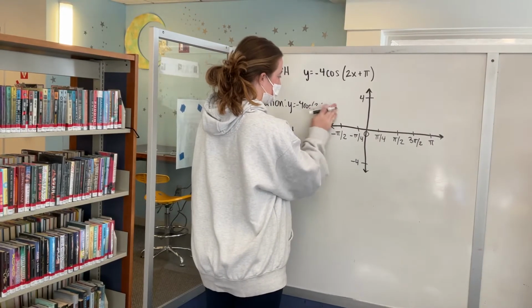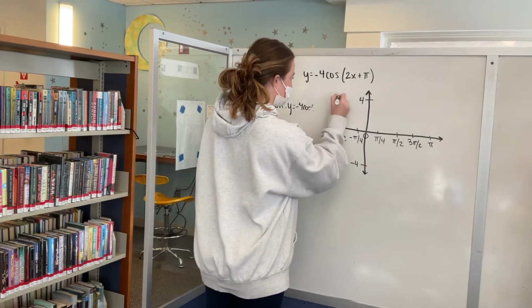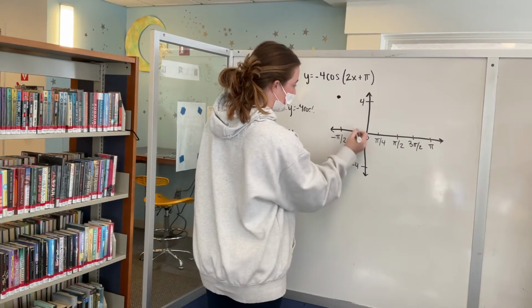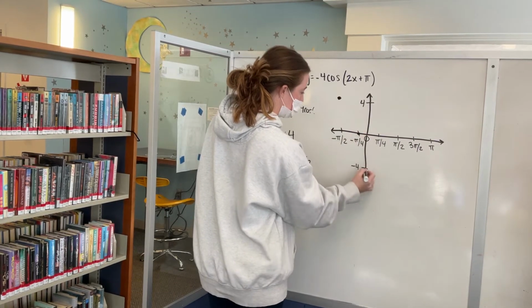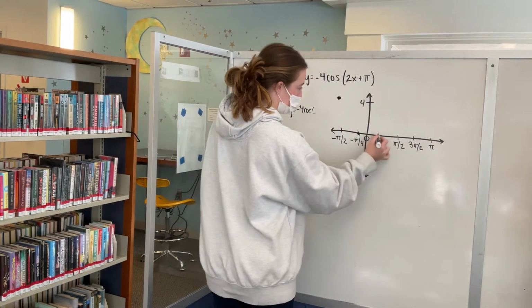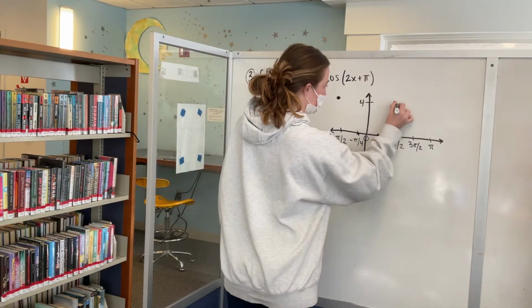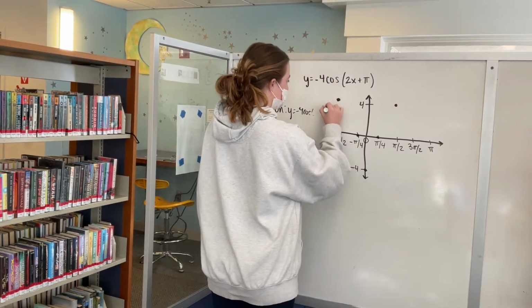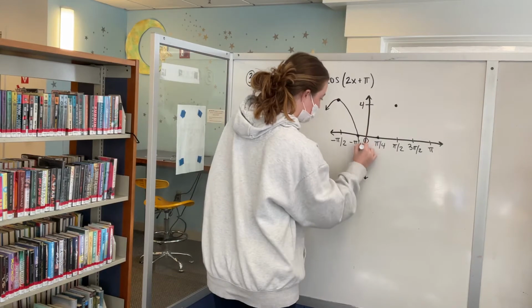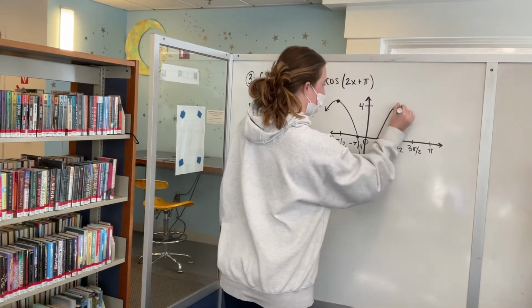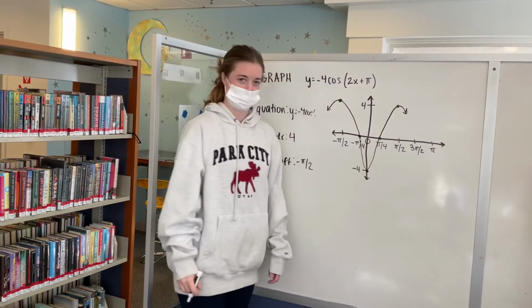I'm going to erase that. Okay. So start here, and then you go next point, down to the minimum, back up here, and then end again at the maximum. And then connect these points to get a cosine graph.